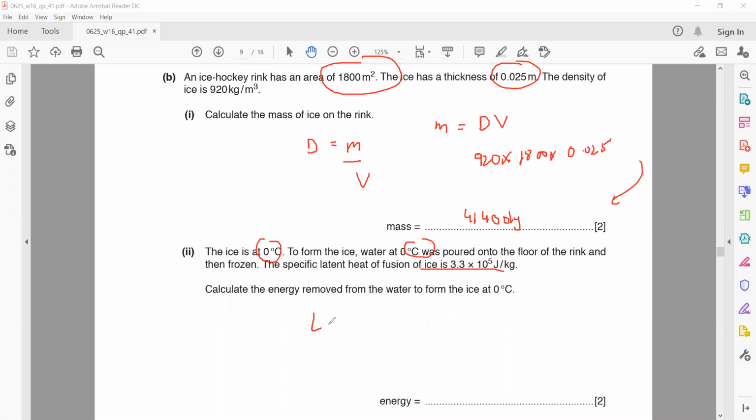So we have the formula latent heat is equal to energy divided by mass. So energy will be equal to latent heat multiplied by mass. The latent heat is given 3.3 exponent 5, and the mass, the total mass we need, 41,400. So multiply them, you will get 1.4 exponent 10 joules.